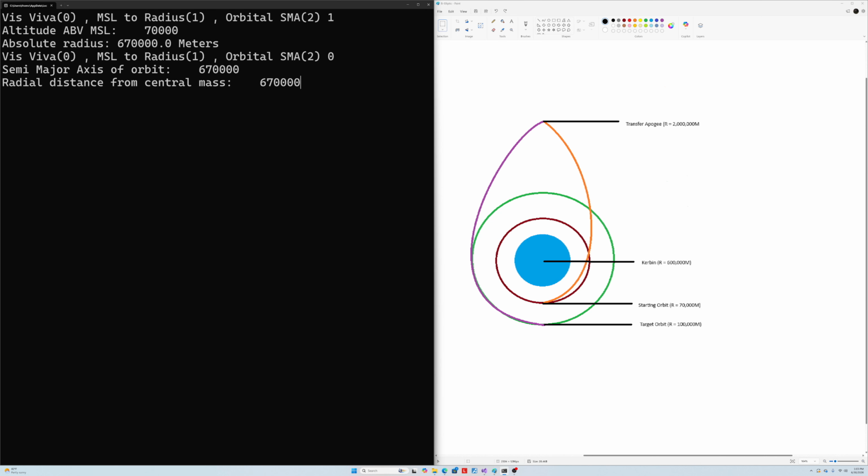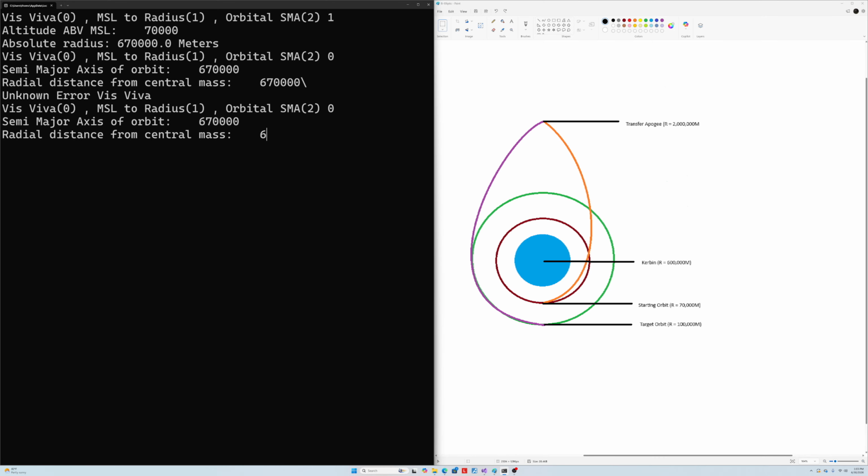And if we pass our, I have made a mistype. I'm so sorry. If we pass our parameters into this itty bitty calculator, it returns our orbital velocity in our starting orbit, which is just short of 2,296 meters per second.